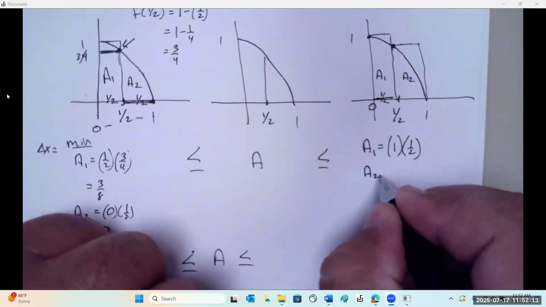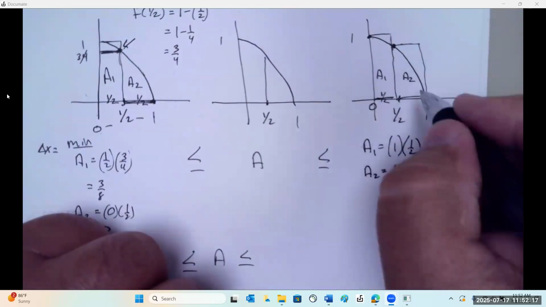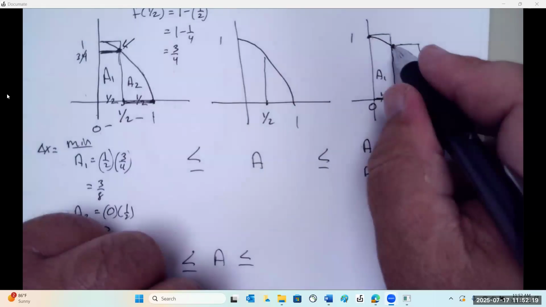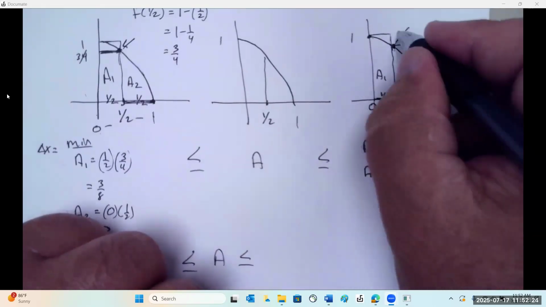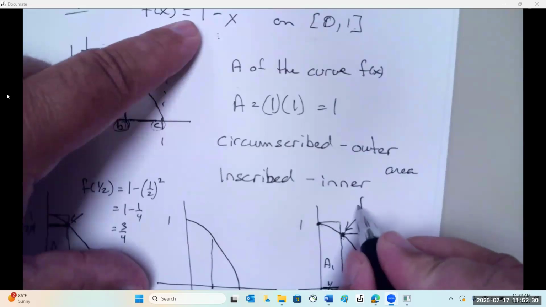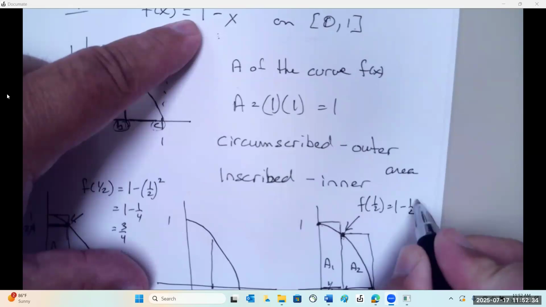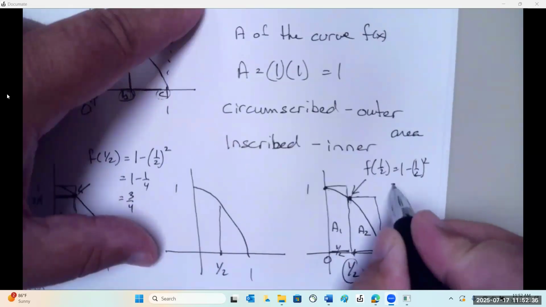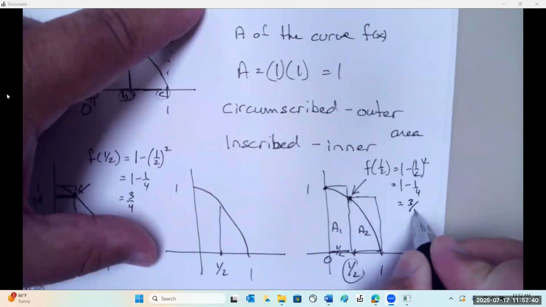And then the area of the second rectangle, the height at 1/2, the value here, so we have to plug that into our function. So we have f of 1/2, 1 minus 1/2 squared, 1 minus 1/4 makes it 3/4.